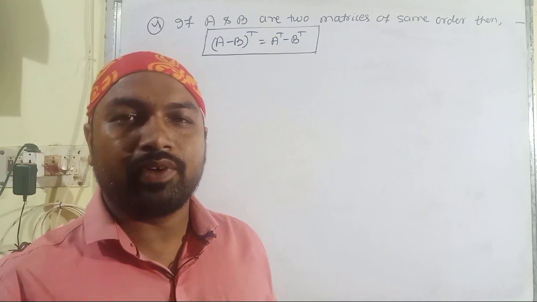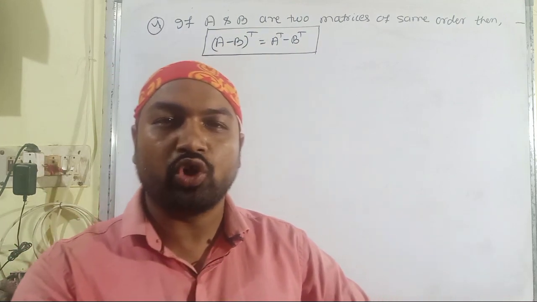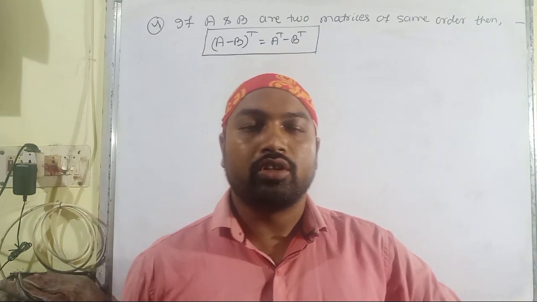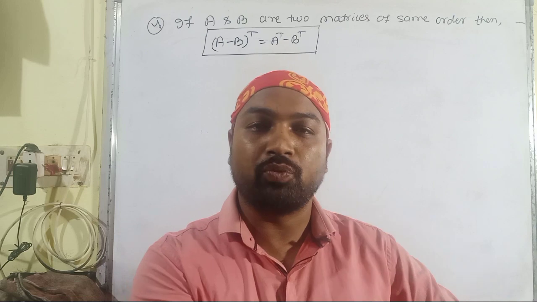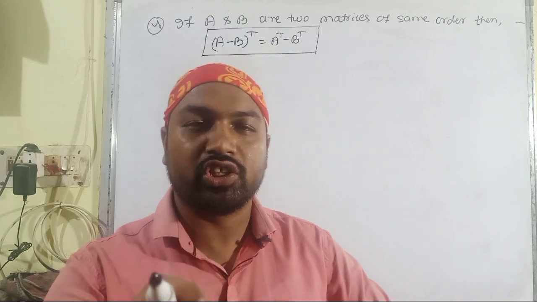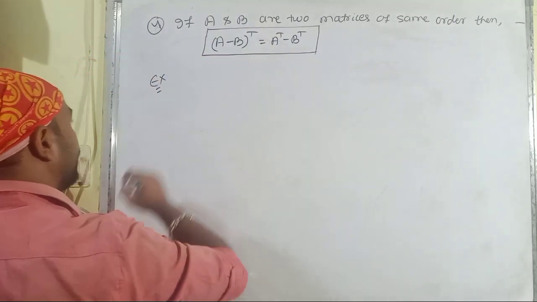If A and B are any two matrices of the same order, then the transpose of the subtraction of A and B is equal to the subtraction of A transpose and B transpose. And we have to prove this property by considering an example here.